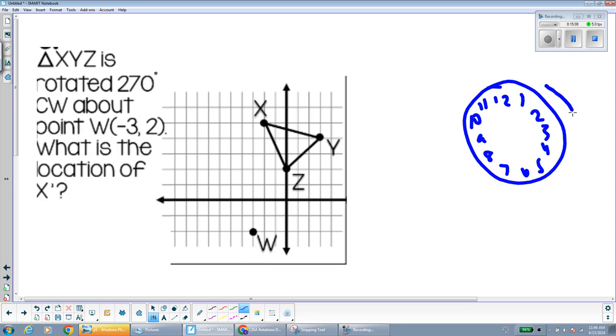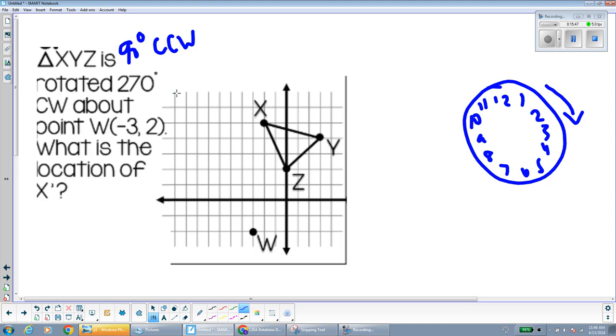And just to remind us what the directions are, if we're going clockwise, we are going this way. But remember, 270 degrees clockwise is the same thing as 90 degrees counterclockwise. Because if you have a point in quadrant 1, if you do 270 clockwise, 90, 180, 270, it'll be in quadrant 2, and that's the same thing as moving it one quadrant over counterclockwise. So rather than do 3 90-degree clockwise rotations, we're going to do one 90 degrees counterclockwise rotation because these are equivalent rotations to each other.